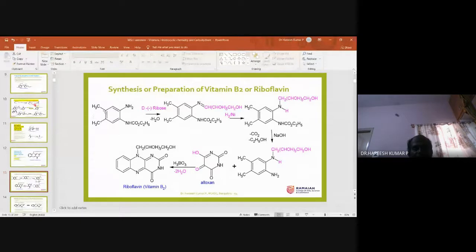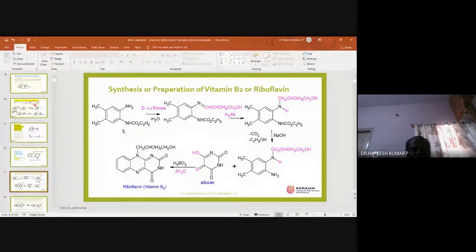This will be one of the key intermediates, reactants or raw materials. Sometimes they will ask you, how do you get riboflavin starting with this compound? They will give you this, but they will ask you to convert it into riboflavin.